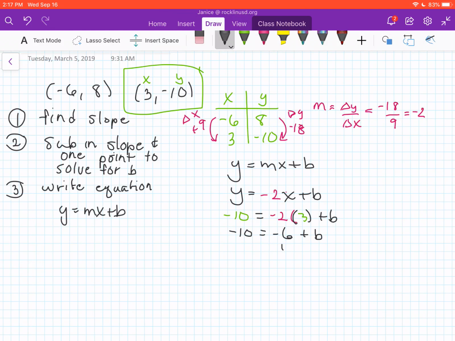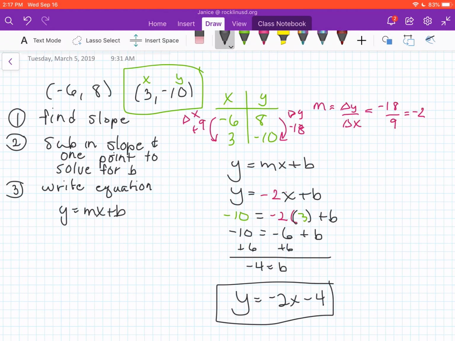To solve for b, I add 6 to both sides. And I get -4 equals b, which makes my equation y equals -2x minus 4. The slope was -2, the y-intercept was -4.